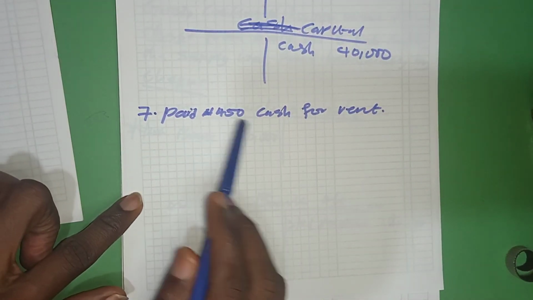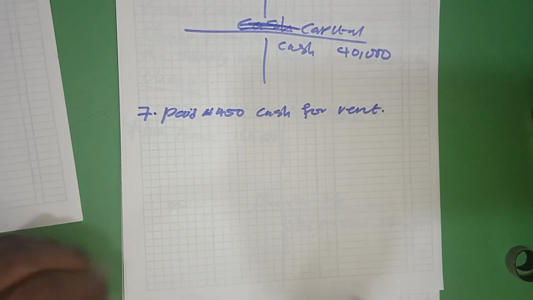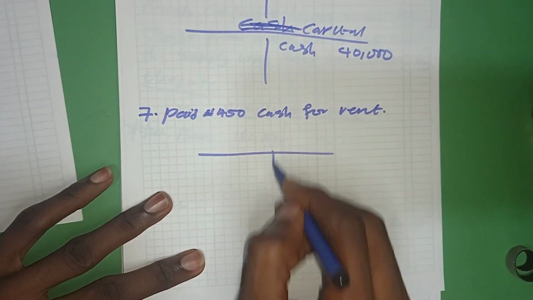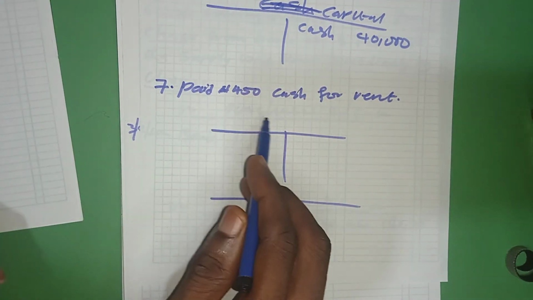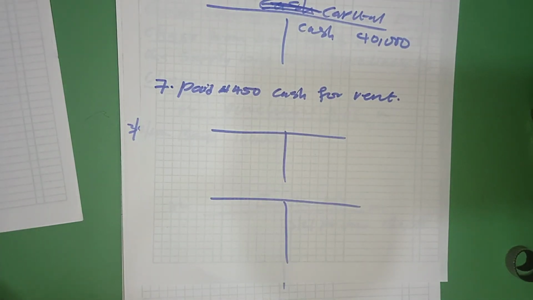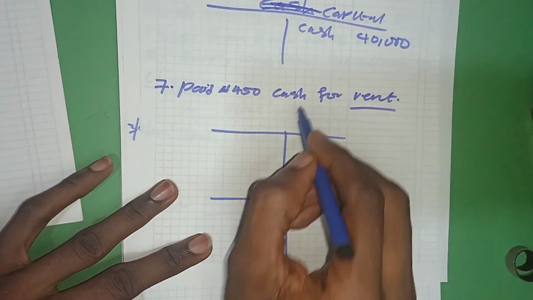Paid 450 cash for rent. You're going to have two accounts also. We are paying 450 cash for rent. So what are the two accounts here? Rent and cash.